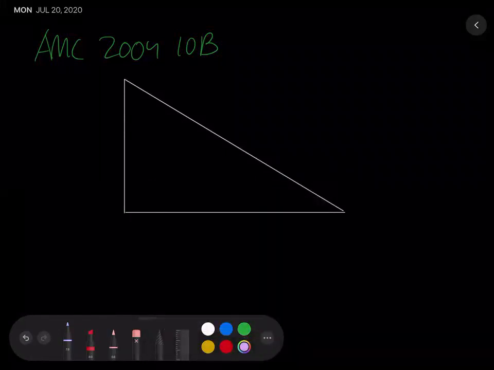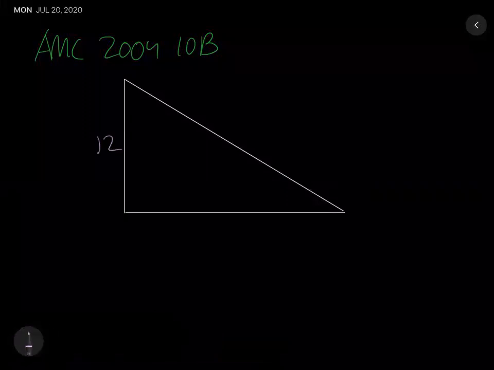So we're going to have AC equals 12, CE equals 16, EA is equal to 20. From that, you should determine that point C is the point of the right angle. And this should be point A, and this should be point E.